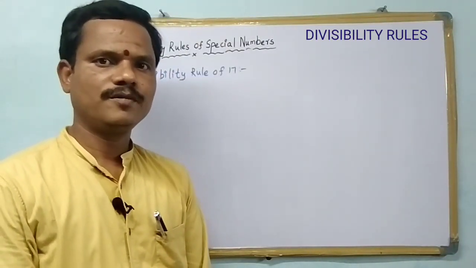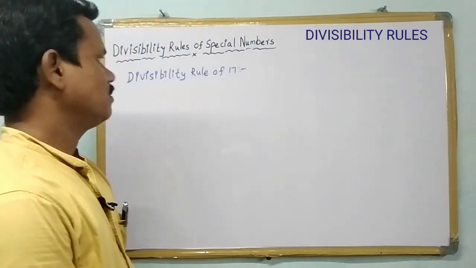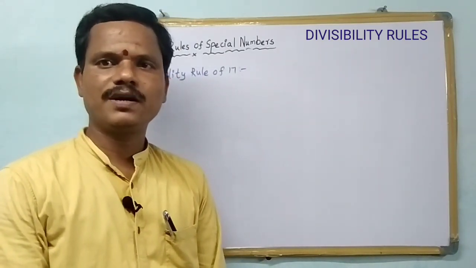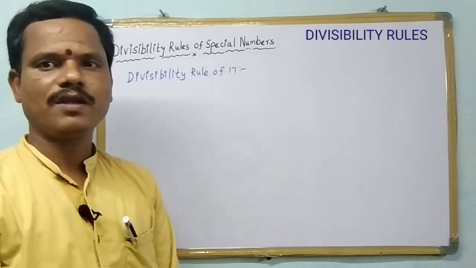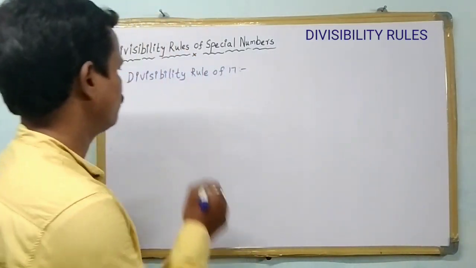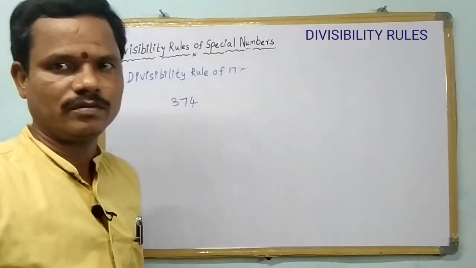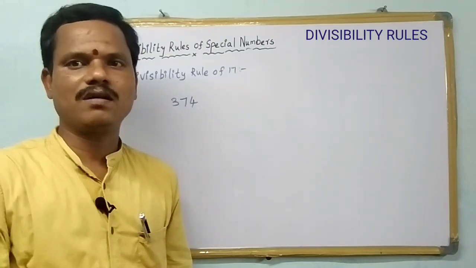Now the divisibility rule of 17. How to check whether a number is divisible by 17 or not? I am explaining with one example, 374. Check whether the number 374 is divisible by 17 or not.